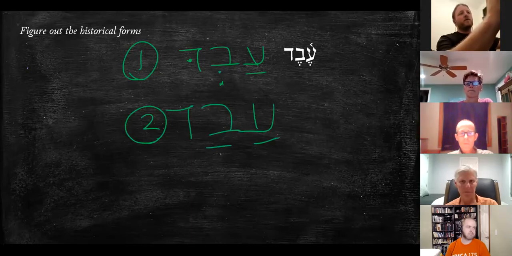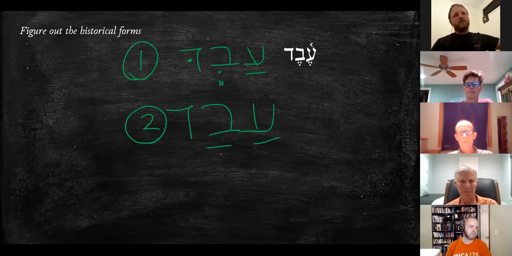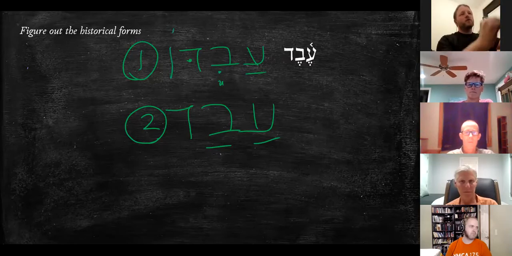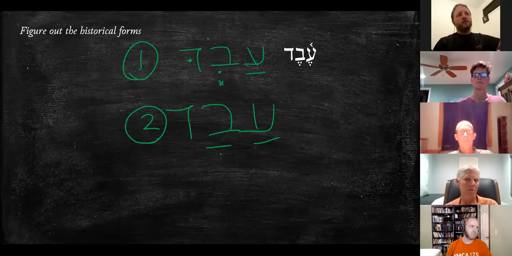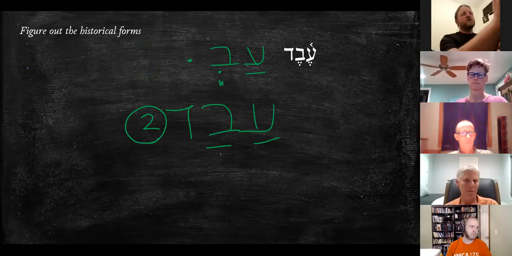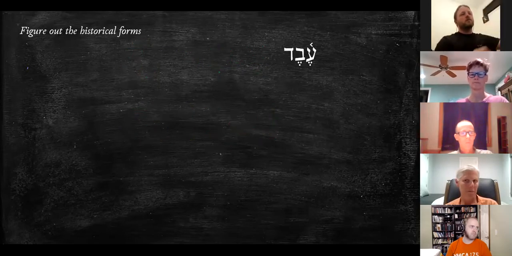For the singular, they're going to look like they do with the possessive suffix. Avdo. Just take off the possessive suffix, and you get avd. That's the root. And then for the plural, avad. So this is important because, well, otherwise you don't know where the words come from.